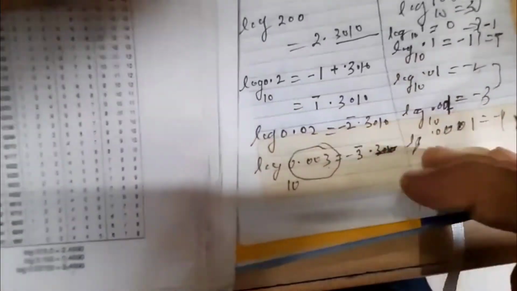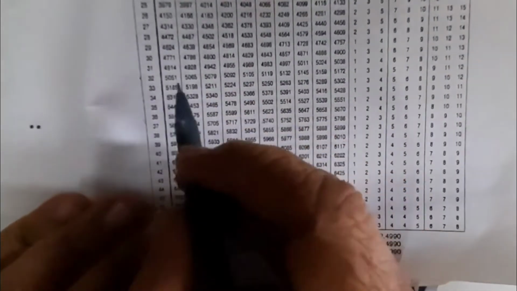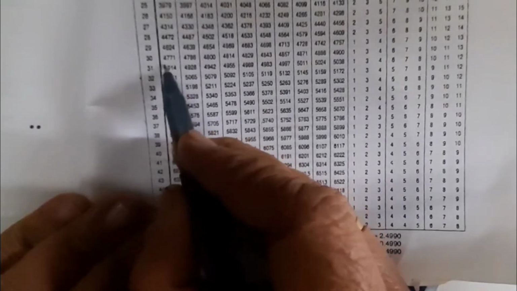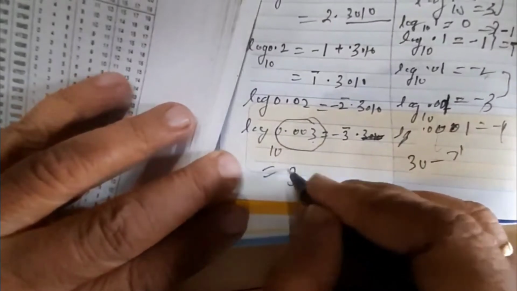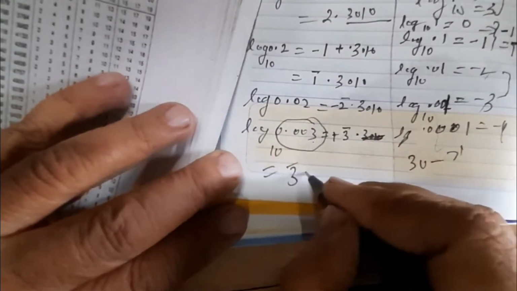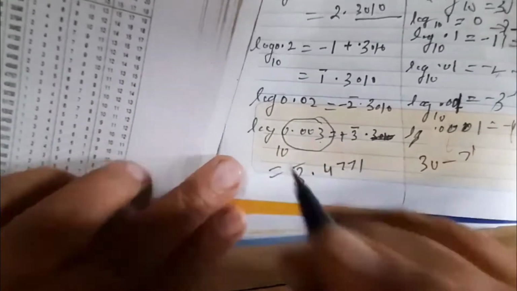So we see the table, at 30 and then 0.4771. So here the characteristic is 3 bar and the mantissa is 4771.